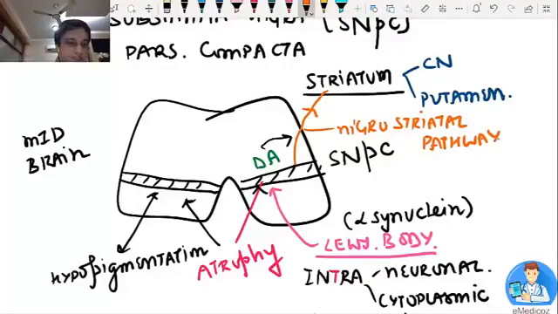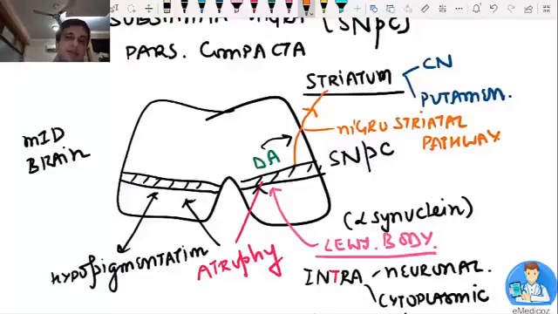So there's a nigrostriatal pathway which takes the dopamine from the substantia nigra to the striatum, where it shows its final effect. Hypopigmentation can occur on only one side. For your explanation I've tried to write it on the other side, but it can happen. The substantia nigra on this side is damaged, the other side might be normal. I'll come to that concept.